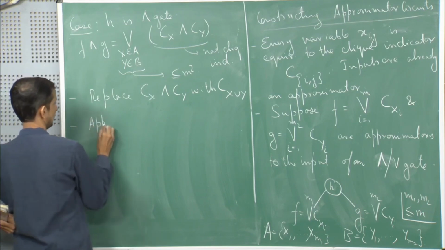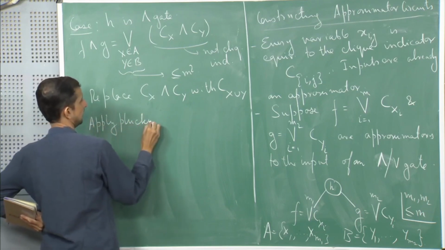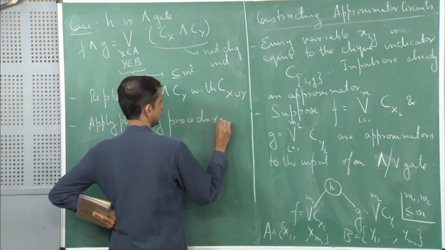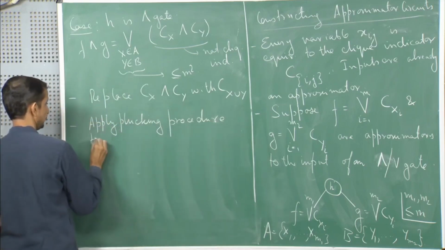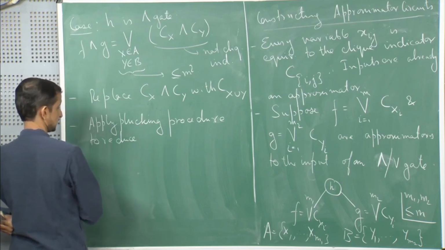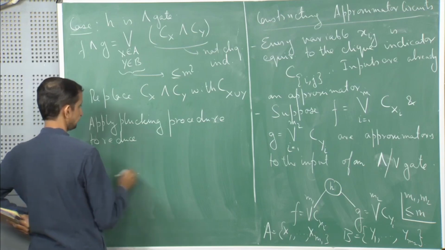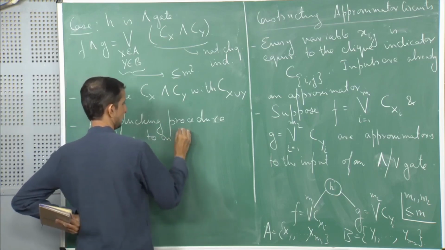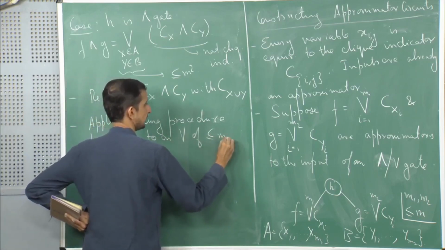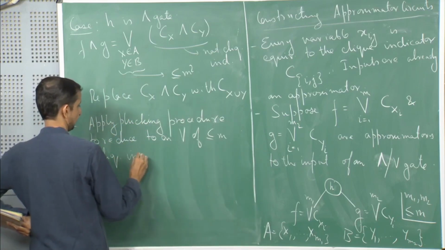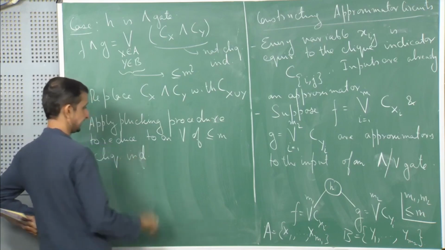Okay. So, apply the plucking procedure to reduce to an OR of at most m clique indicators.